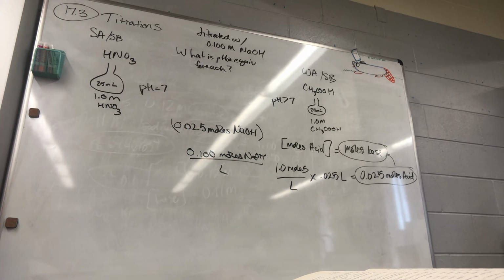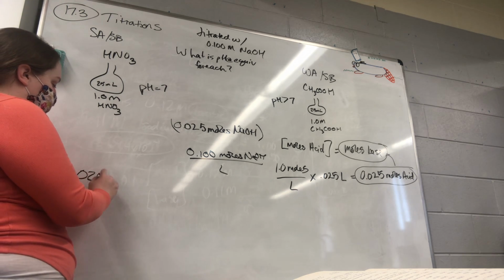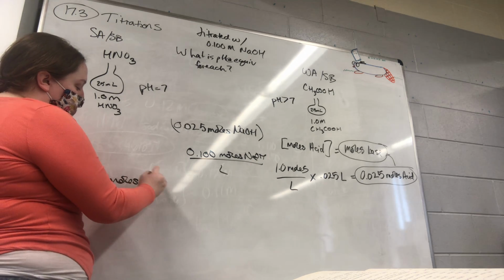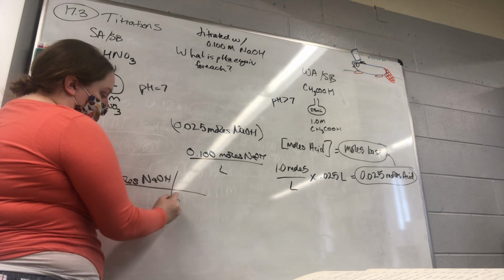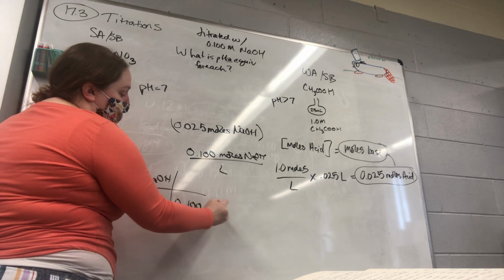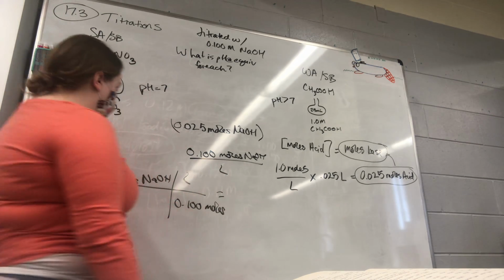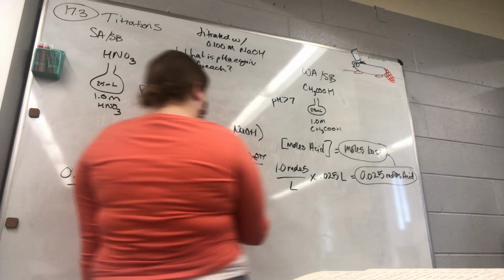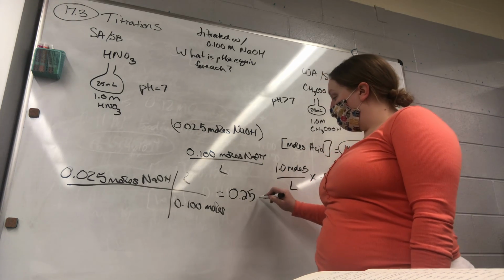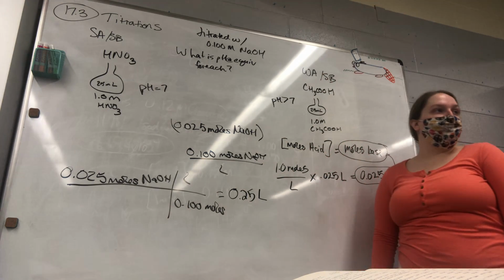What do I need to do? I need to divide. I need to figure out what volume of NaOH is actually going to be needed to get to equivalence. Once I have that volume, I can get the molarity of the acid at the equivalence point, which means I can then do a pH. What do we get? 0.25 liters.